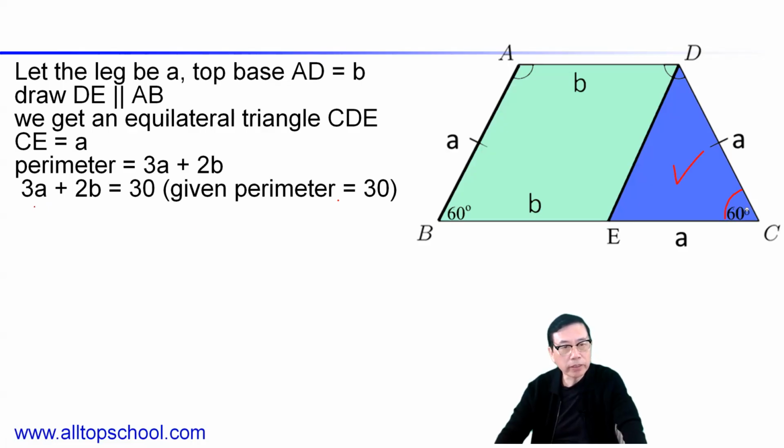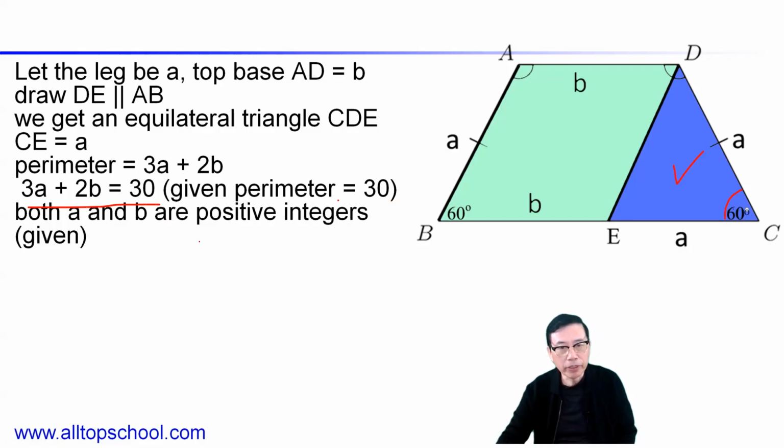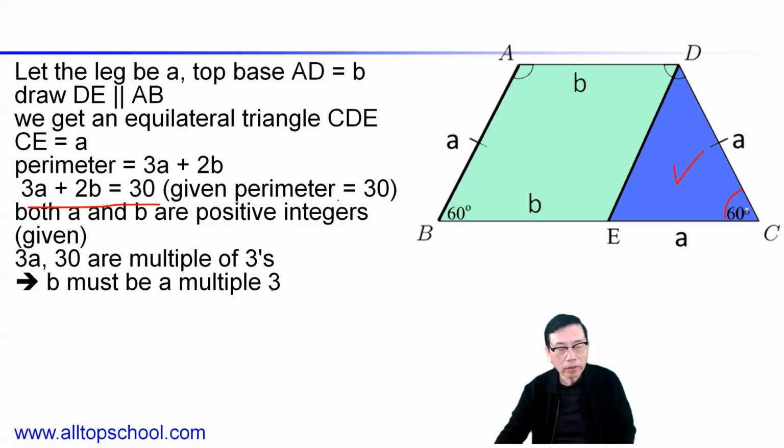Now this is going to be the Diophantine equation we mentioned a moment ago. So you can see the relationship right here. 3A is a multiple of 3, and 30 is also a multiple of 3. In that case, you can see B must be a multiple of 3. But 2B must be less than 30 because they are positive numbers. So that means B must be less than 15.